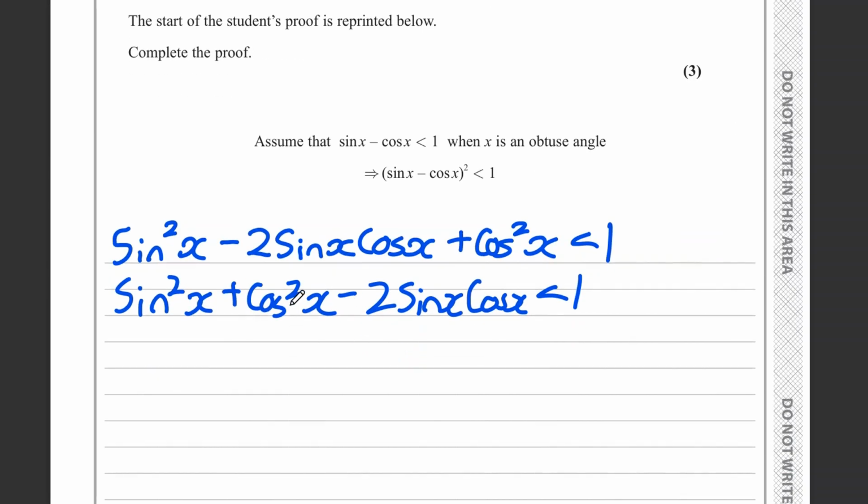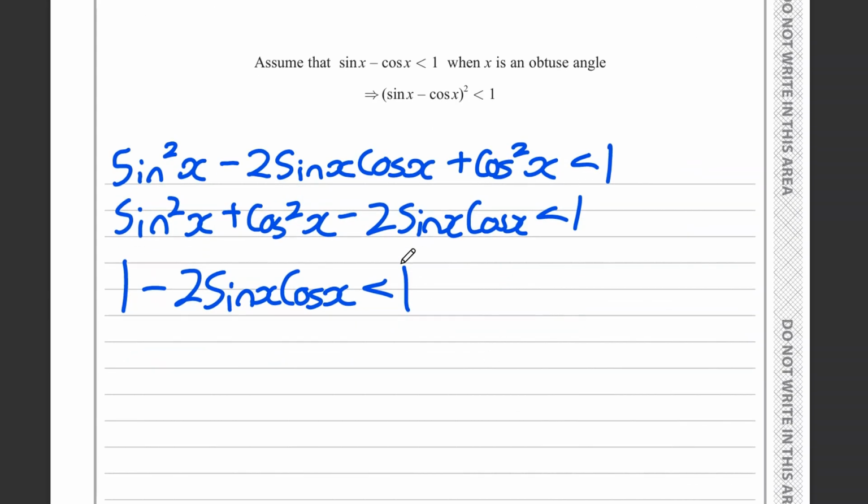Now sin squared x plus cos squared x is equal to 1, so we can just write this like this here. Then it's minus 2 sin x cos x, and this is less than 1. If we move this 1 to the other side here, it's going to become minus 2 sin x cos x is less than 1 minus 1, which is 0.